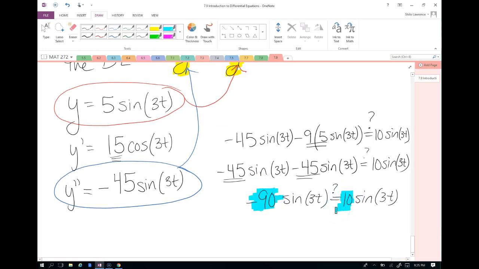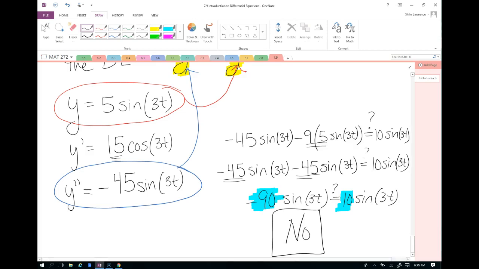So this is not true. This is not always going to be a true statement. There's probably only select values of t that this could work for. We're looking for a function y that is always going to work. And this one does not.